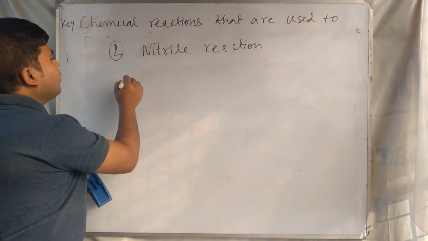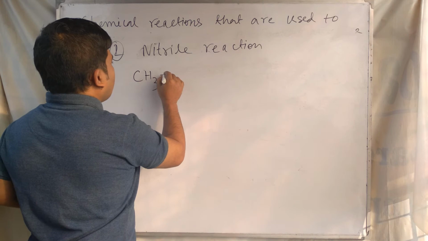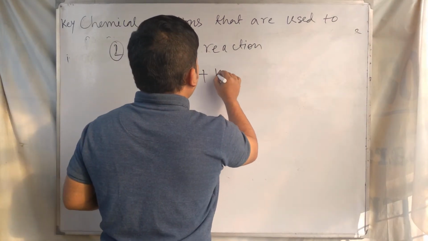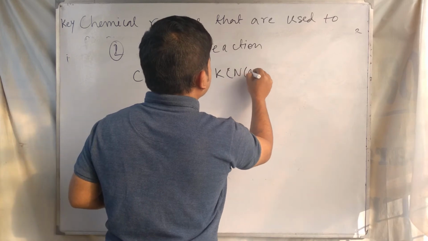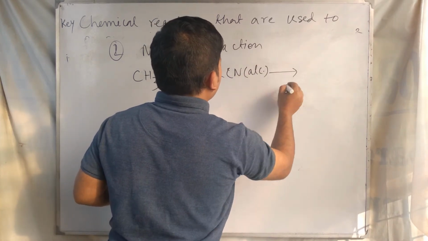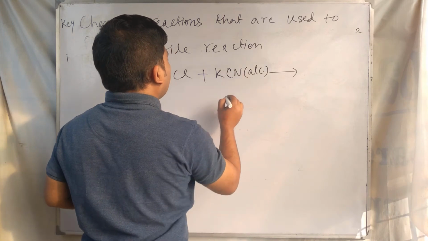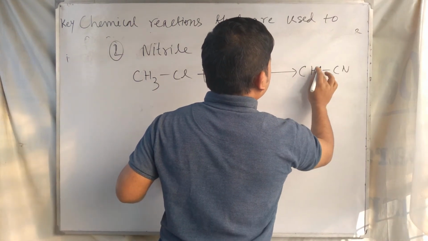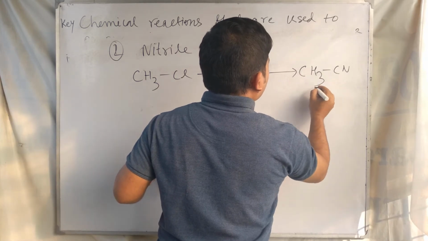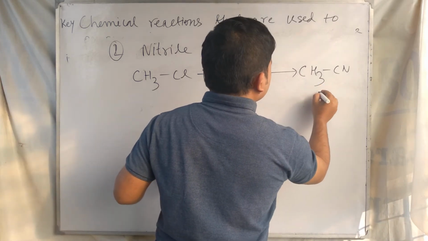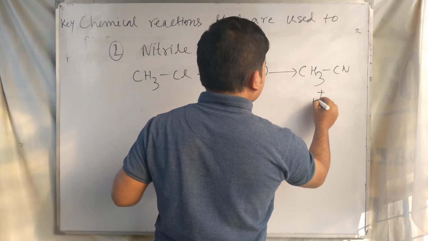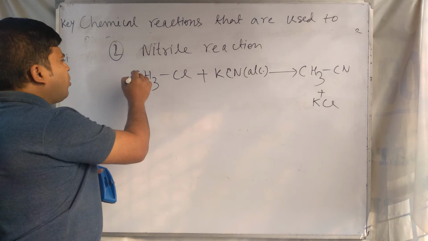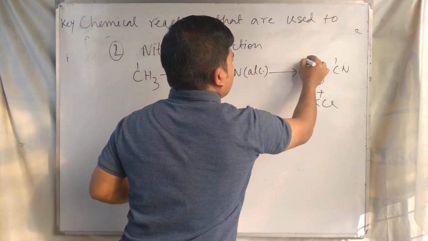In this reaction, an alkyl halide reacts with alcoholic KCN, and a nitrile compound forms with an increased number of carbon atoms. Here you can see the number of carbon atoms goes from 1 to 2.